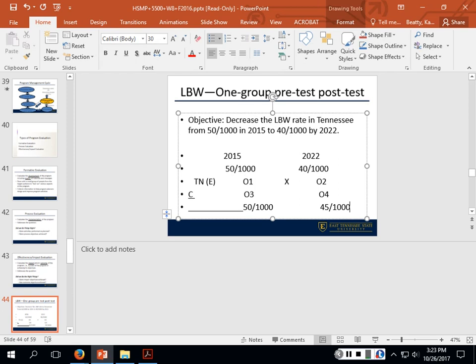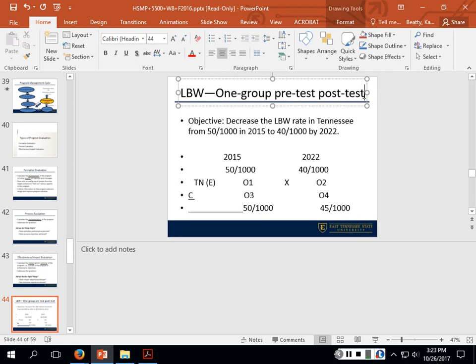So this design that we have up here, where we have a comparison group and we collect baseline and follow-up observations from both groups, is called the non-equivalent comparison group design.